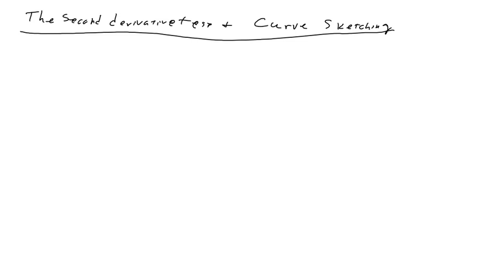So let's see, where do we start? Recall what we know in the first derivative. We know when f prime of x is greater than 0, or positive, what do we know about the graph of that situation?